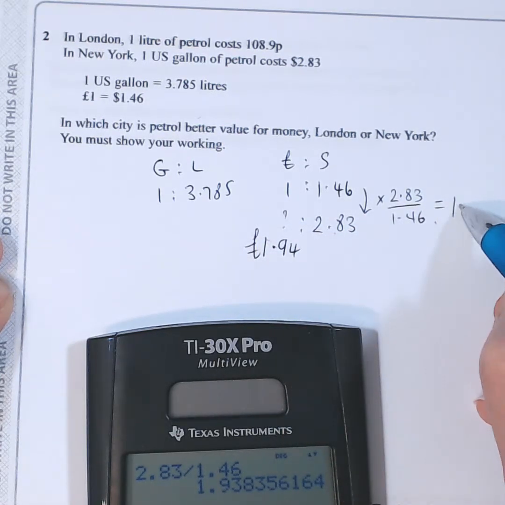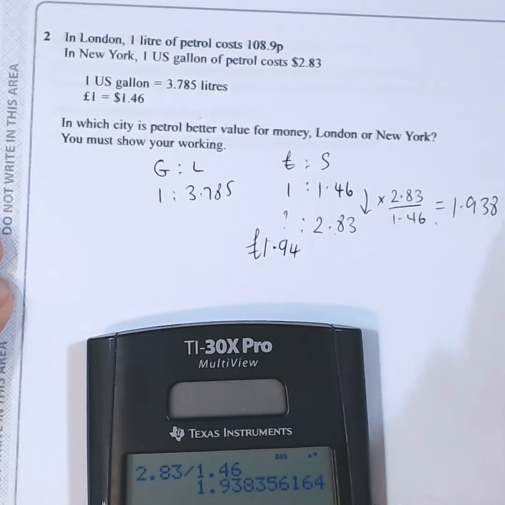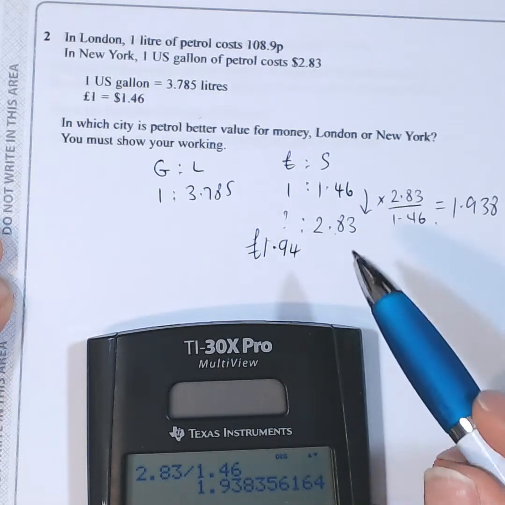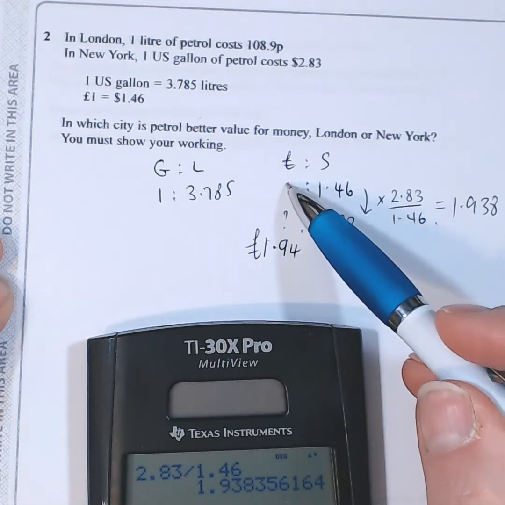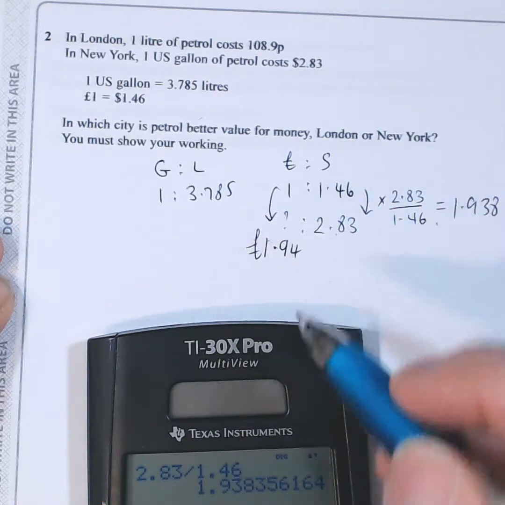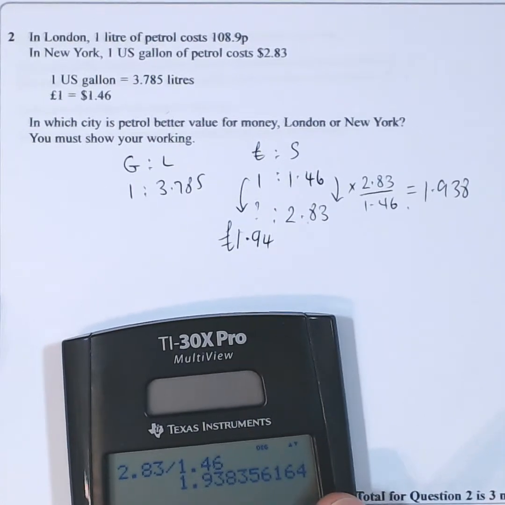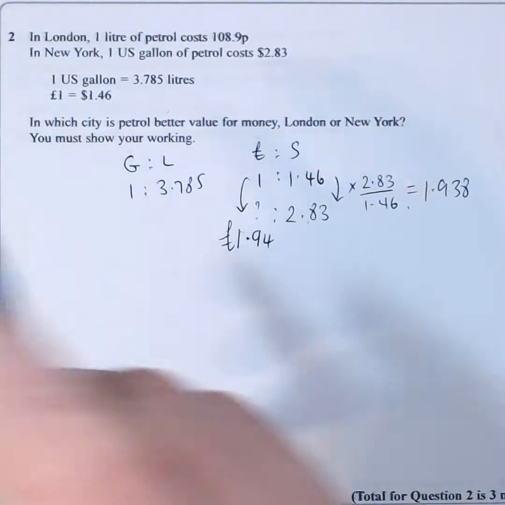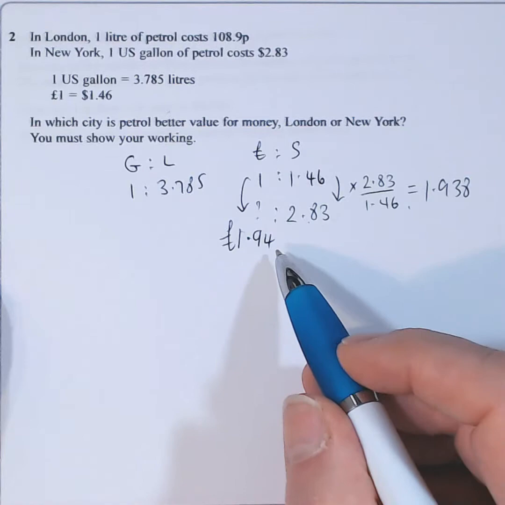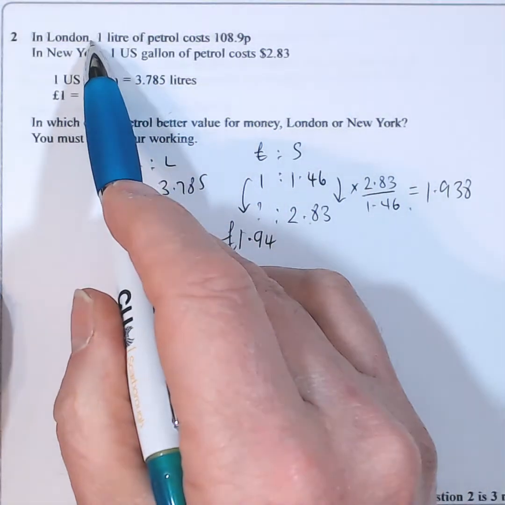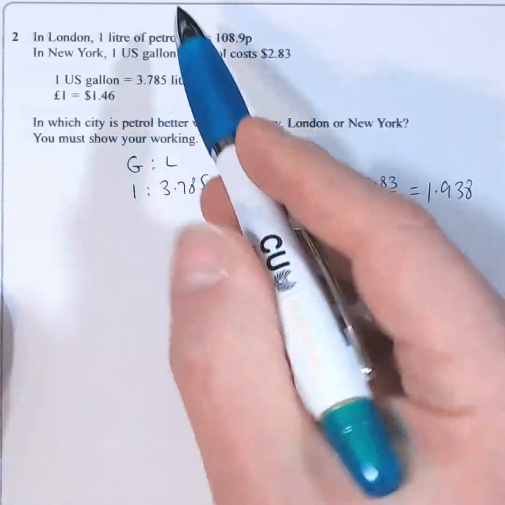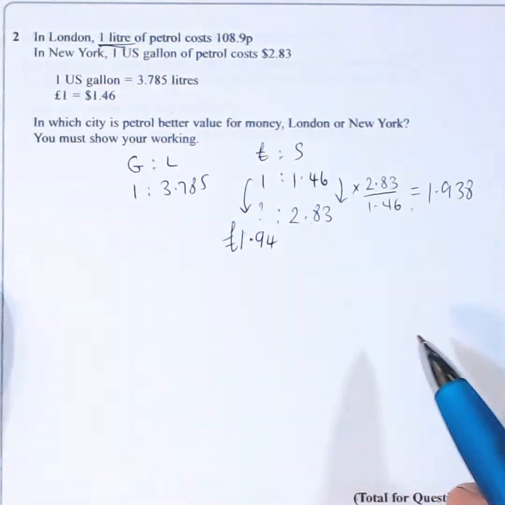Because this equals 1.938, which is 1.94 to 2 decimal places when we're dealing with money, then I must have multiplied by 1.938, so I must multiply the same this side. So that's got the cost of a US gallon, and basically we want to work out a comparison for the London price in pence, and that's about 1 litre.